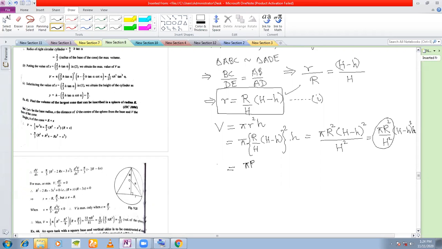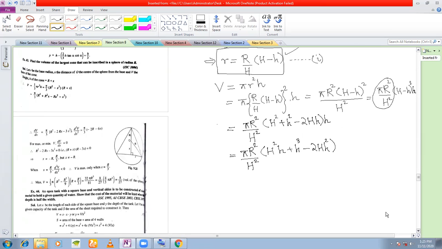Pi R square by H square we write as it is, and here we expand this: H square plus h square minus 2Hh, into h, which is equal to pi R square by H square into (H square h plus h cube minus 2H h square). Now it will be easier for us to differentiate.